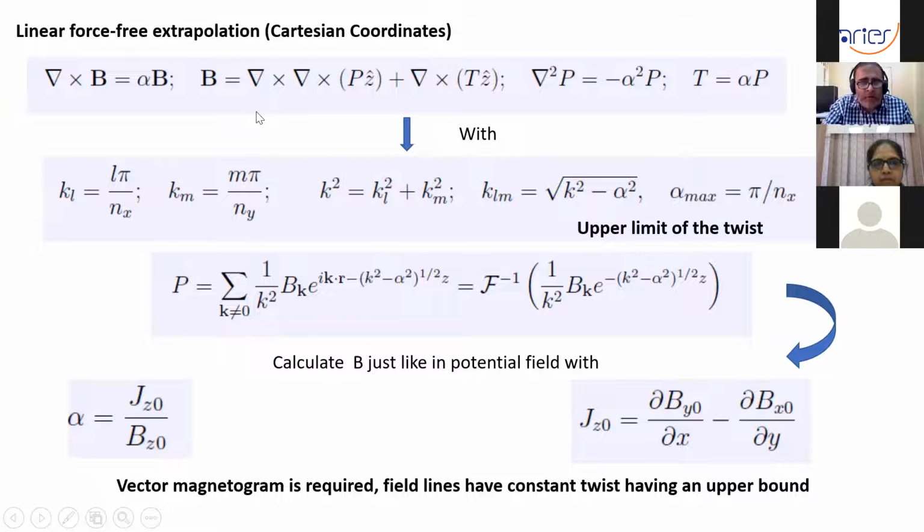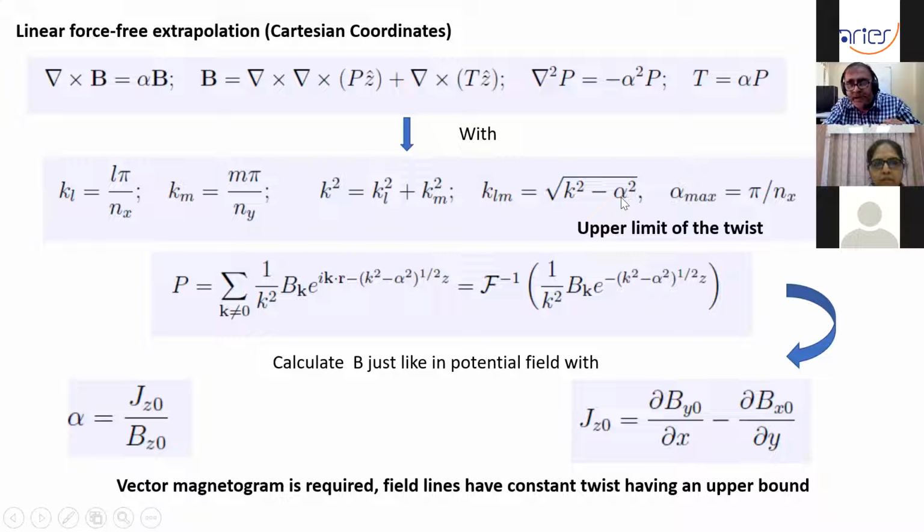The idea is, if you try to solve this Helmholtz equation, assuming a solution where the magnetic field falls off with height, you will see that the solution has a psi which is something times e to the power minus k_lm z. Now as you are going away from the source, the magnetic field has to decay, and so k_lm has to be a real quantity.